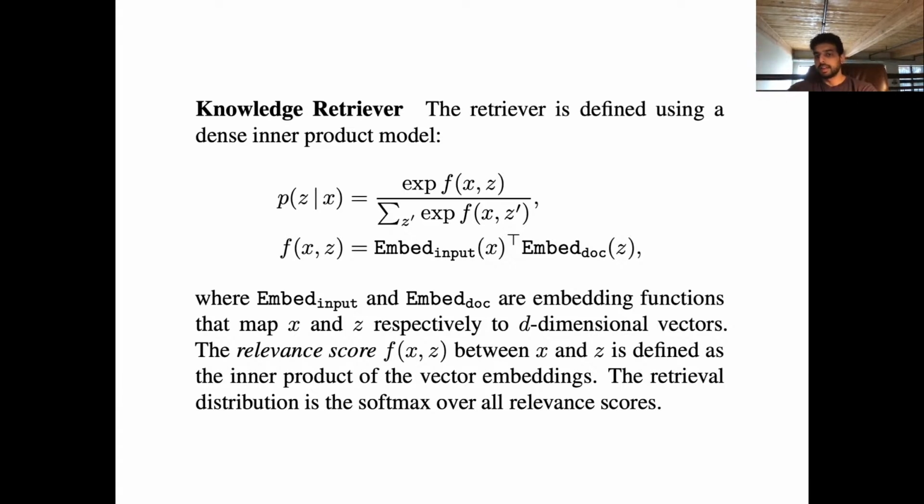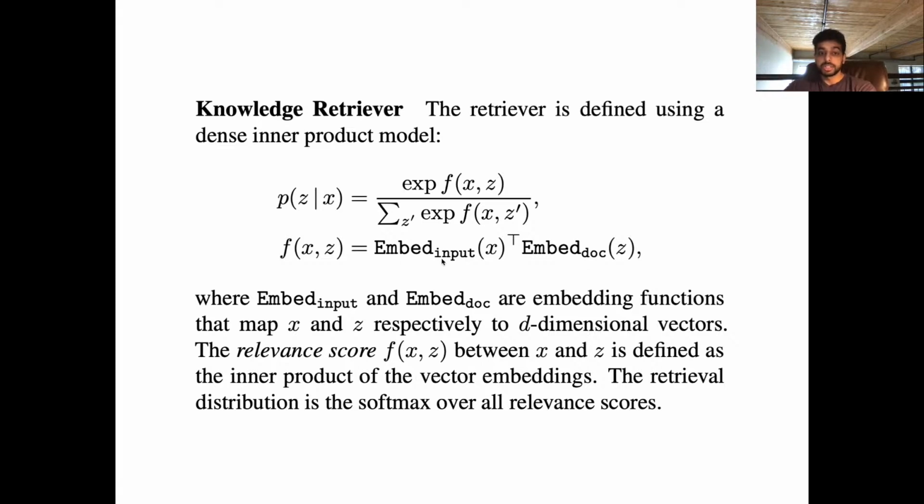And this could be any function. We've seen so many at this point that can produce a single vector from a sequence of vectors. We'll go over their exact implementation a little later. So assume that I have this embed doc Z for every document in my knowledge corpus. It's just a single vector for each document.